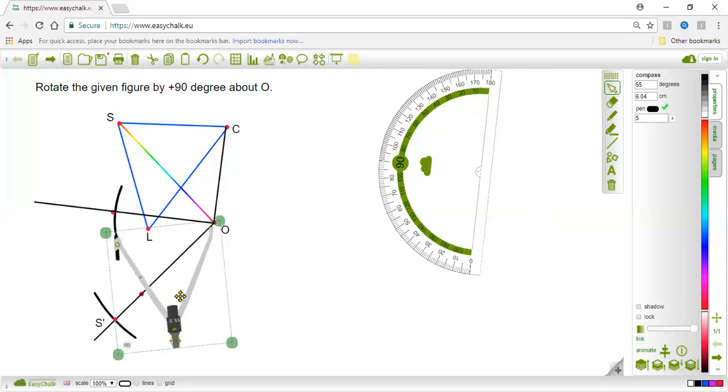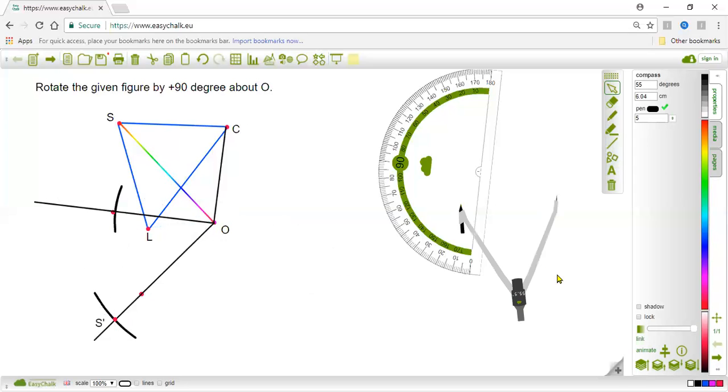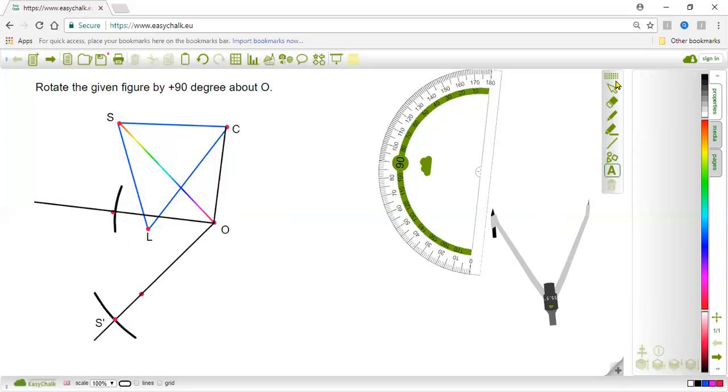The point of the intersection is the image point of this vertex C. Let me mark the point of the intersection here. This point represents the image point of the vertex C, so this will be C dash.